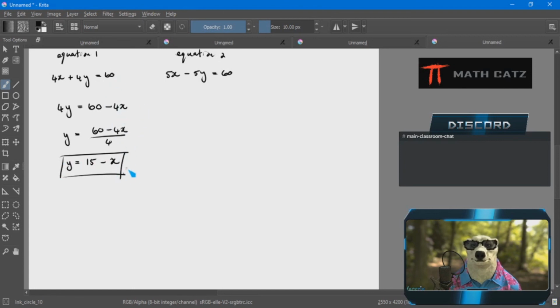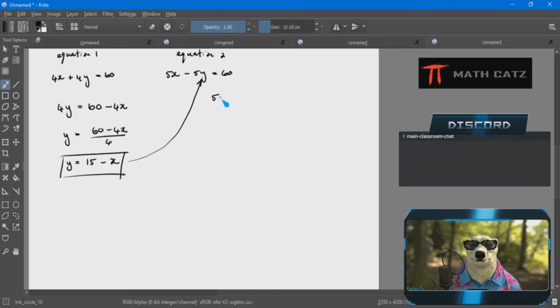It's the same information, but now it's a little bit easier to work with. This says that the value of y is the same as the value of 15 minus x. So wherever in the future I see a y, I can replace it. They are the same, 15 minus x and y are interchangeable.